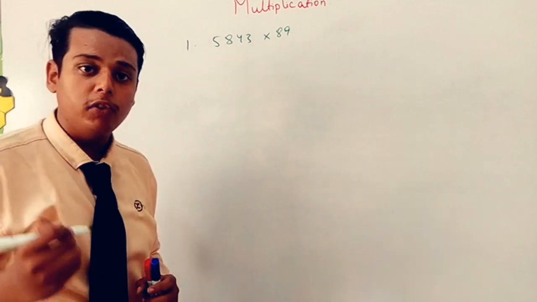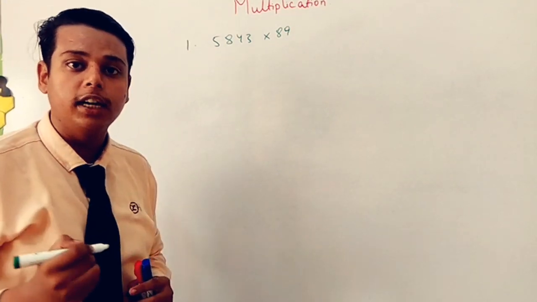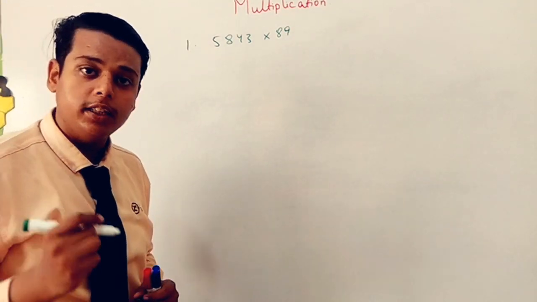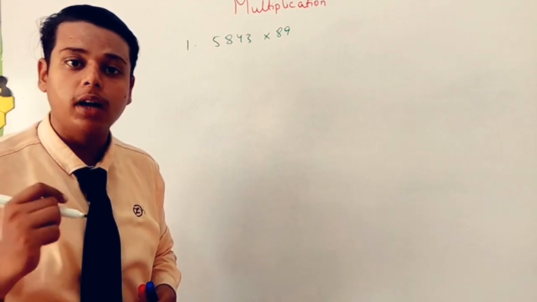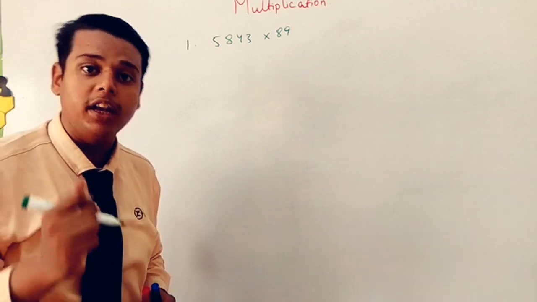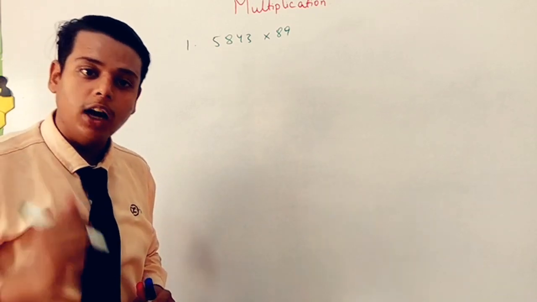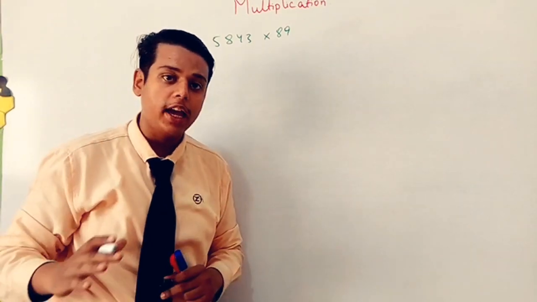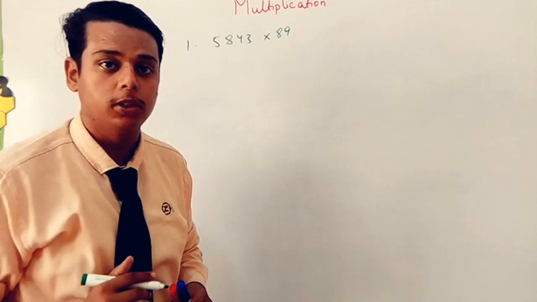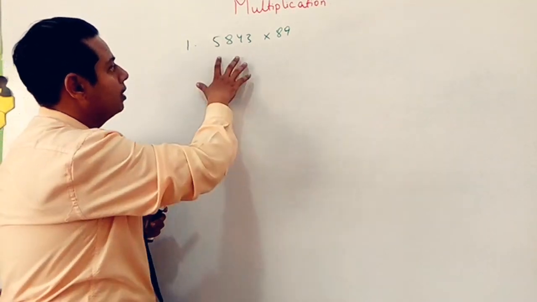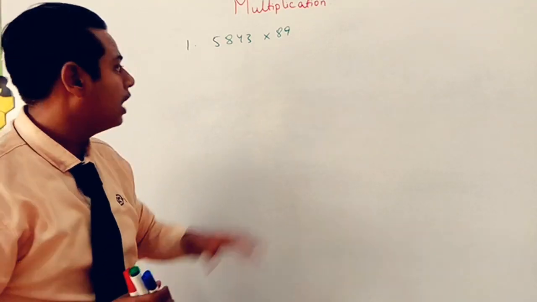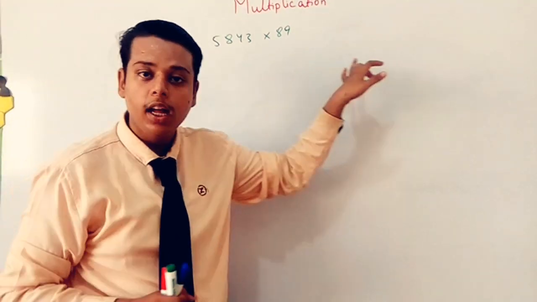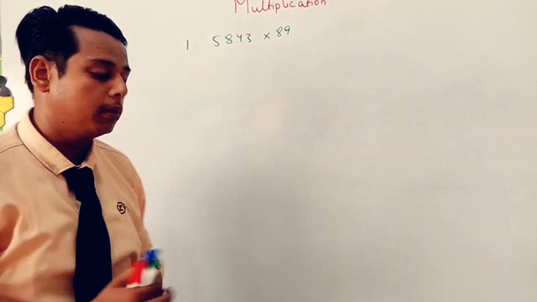The first thing I told you at the start of the video is that the main thing to solve any multiplication question is to memorize the tables perfectly, because without the tables we cannot do any multiplication question. So we have the number 5843, and we have to multiply it with 89, a 2-digit number.